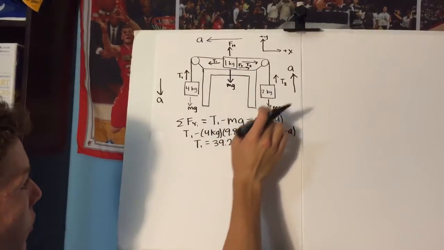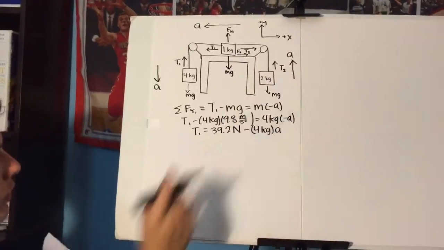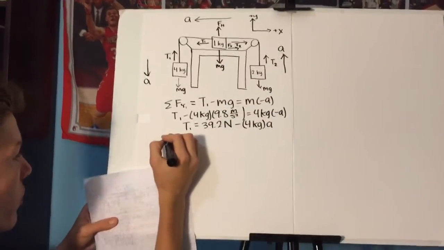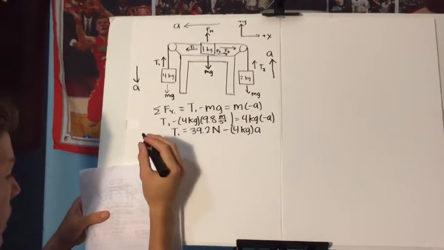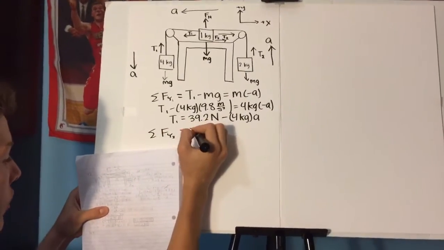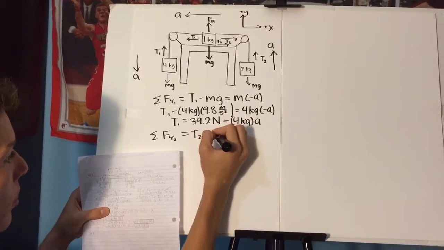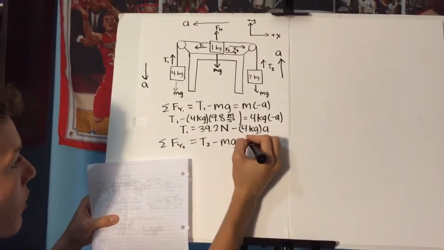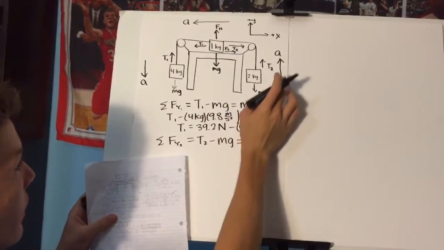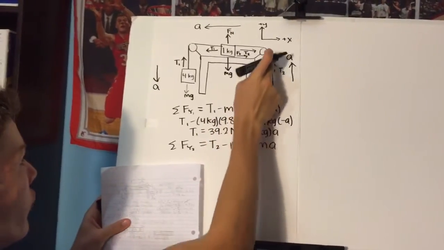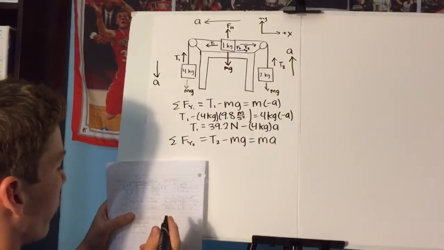So now we're going to do the sum of the forces in the y direction for the 2 kilogram object. So sum of forces, and we're just going to call this y2, and that's going to equal tension 2 minus mass times gravity equals ma. And this time the a is positive because the object is going to be shifting up, which is the same as our positive y direction.